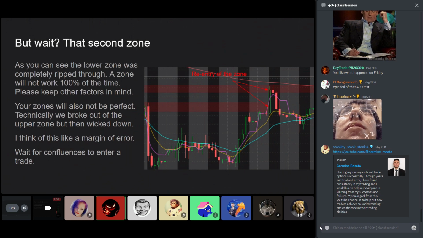Technically, that means all their orders have been filled at that area. But once again, at the end of the day, it's not perfect. We're just drawing lines and boxes on charts. So to me, this is kind of like a margin of error. So take that as you will. I would rather see something like this big green candle going through the zone to know this is completely gone.